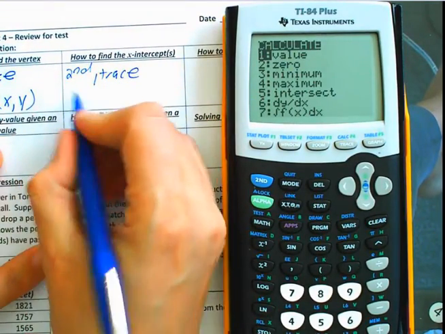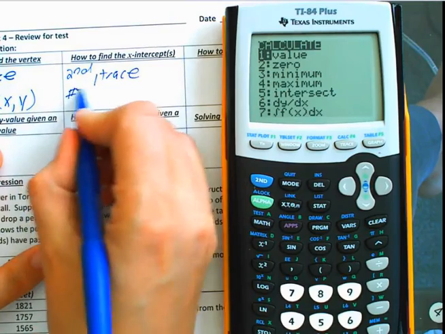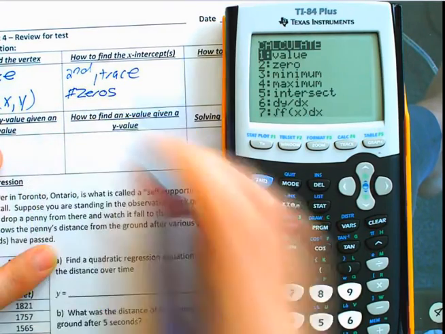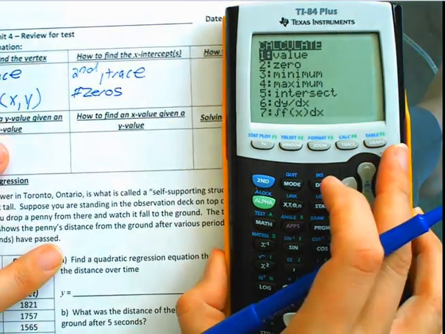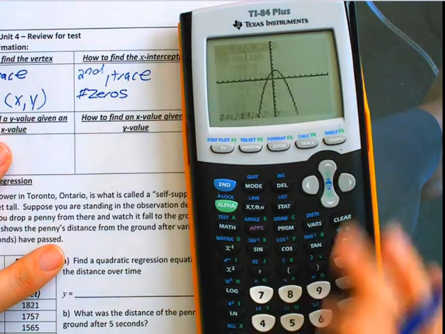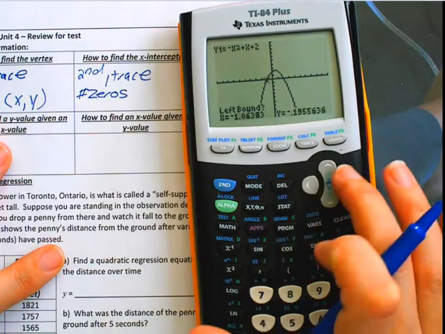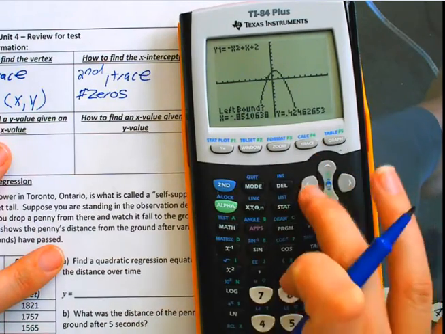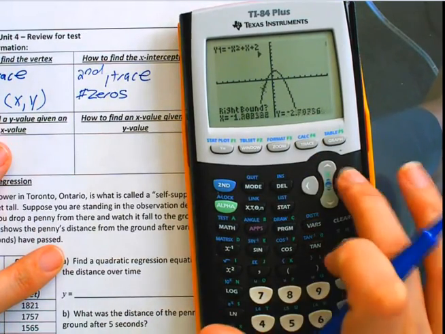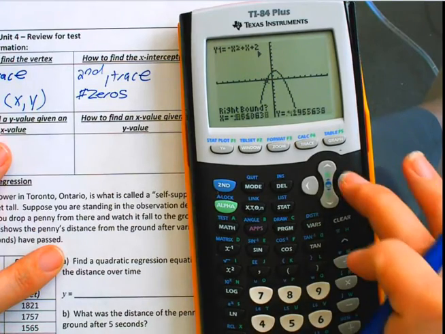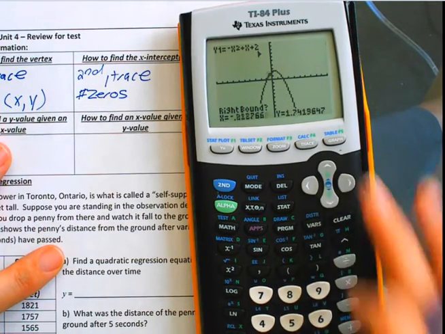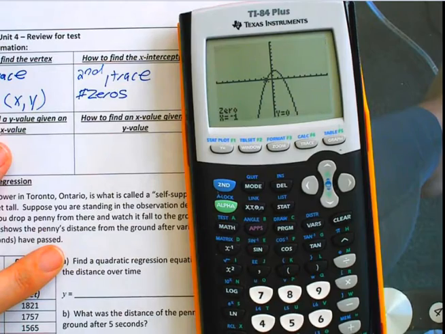And then number 2 is the zeros. And remember, if we're dealing with a quadratic, then we have 2. So you're going to go right where one of the zeros is, and you're going to go left 1, 2, 3, press enter. Go back to the x-intercept, go right 1, 2, 3, press enter. Enter one more time. That will give you the 0 of that parabola.